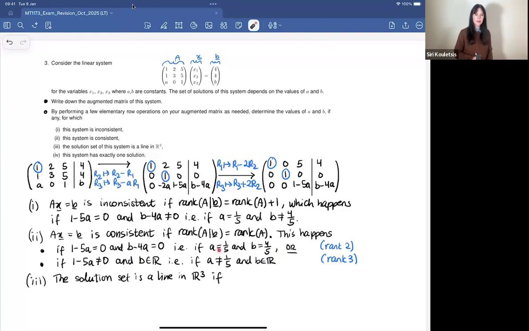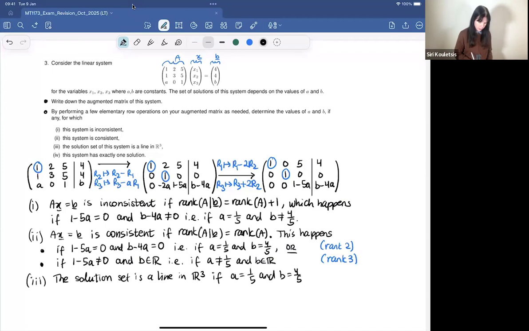Well, we've already discussed that case above here, actually. If A equals a fifth and B equals 4/5, well, we have a consistent system and we have rank 2. So there's one free parameter in the system. So a line is, of course, a one-dimensional flat in R3. So then we have a line in R3. So we have consistency, one free parameter.